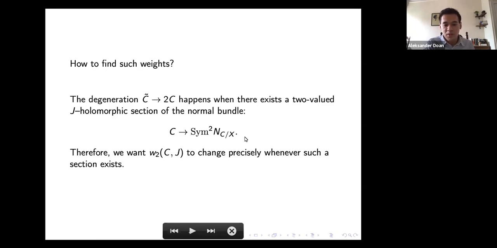So the point is that we want to associate with a curve C and an almost complex structure J, a weight which changes exactly when I encounter one of these two-valued sections of the normal bundle, satisfying the J-holomorphic equation.